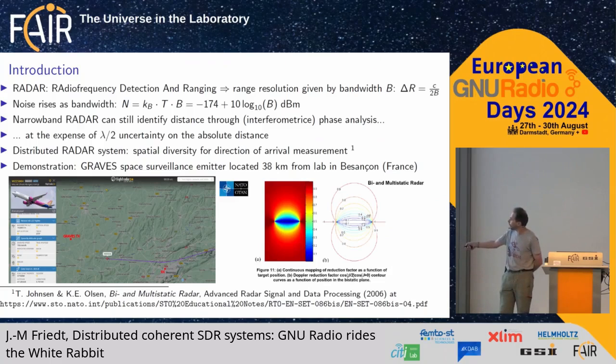Now, 40 kilometers away from the laboratory I'm located in, there is the Space Surveillance Radar emitter in France. We have the GRAVES, Grand Réseau Adapté à la Veille Spatiale, which is a military radar, to the best of my knowledge, transmitting 400 kilowatts at 143 megahertz, 40 kilometers from the lab.